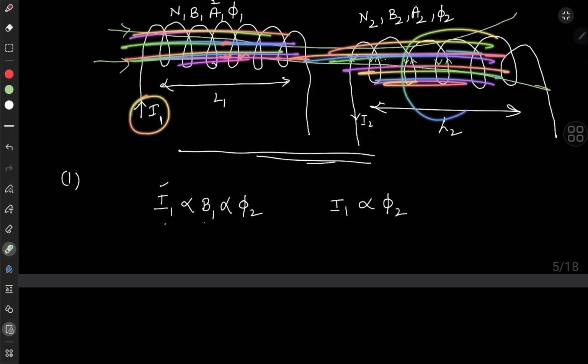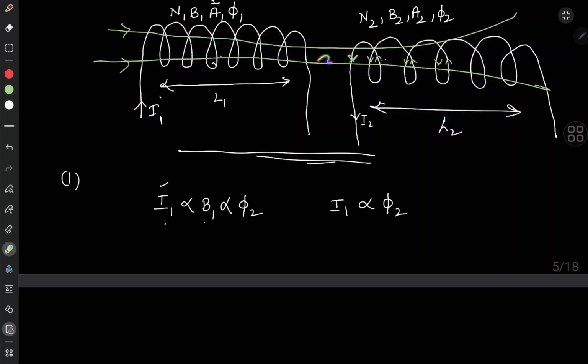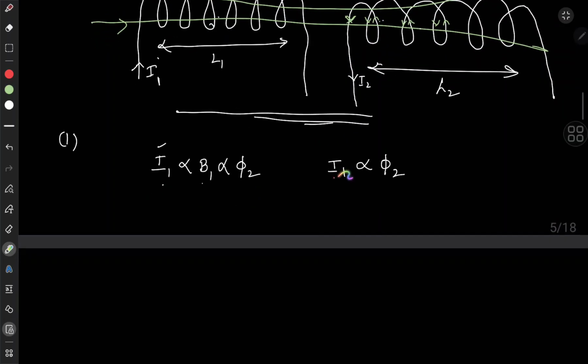The flux produced in the second coil will be because of the primary coil's magnetic field. That means the current I1 flowing will produce the magnetic field B1, which will be responsible for the flux in the secondary coil.